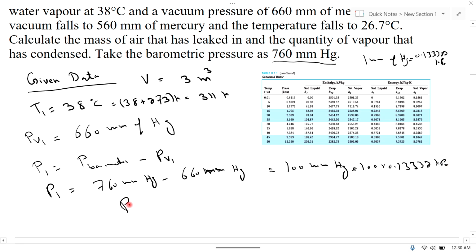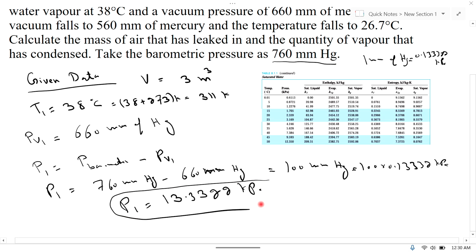So P1 in kilopascal is equal to 13.332 kilopascal. This is P1.